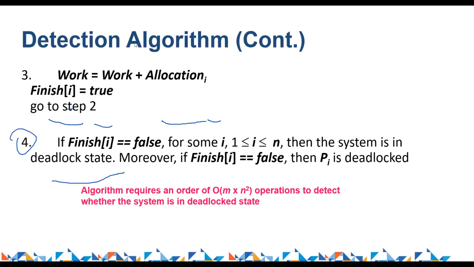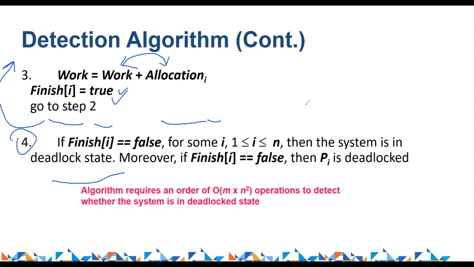When the finish process becomes true, then you have to retake their resources, and their resources will be added with the available resources, and the process will become true. If the process does not become true, then go back to step number 2. If Finish[i] is equal to false for some i, where 1 is less than or equal to i is less than or equal to n, then the system is in a deadlock state.